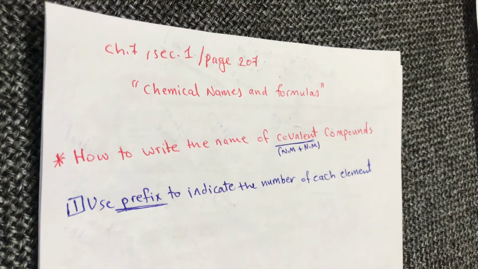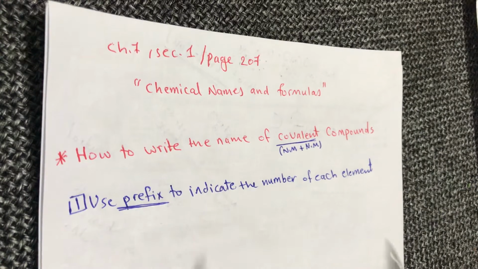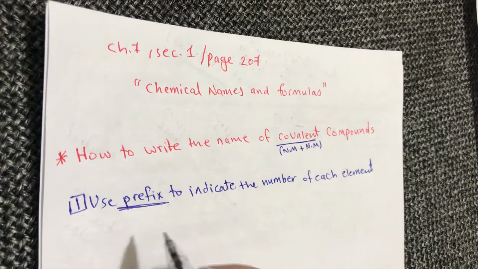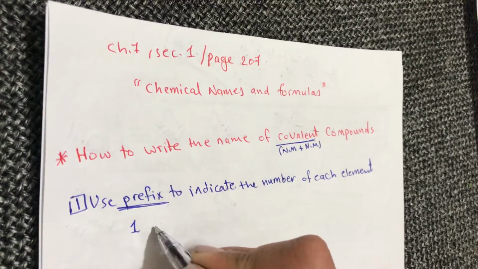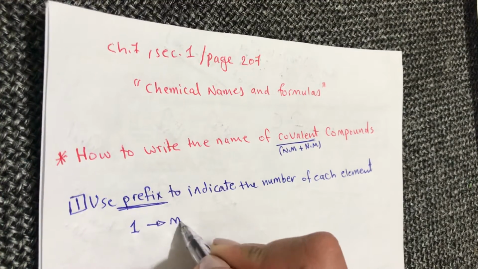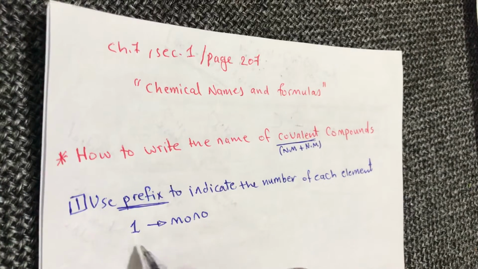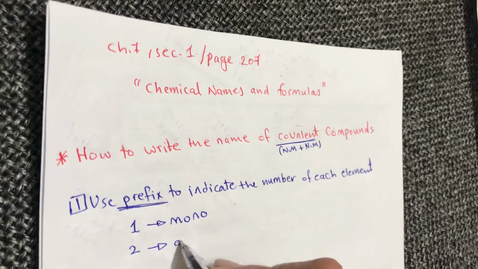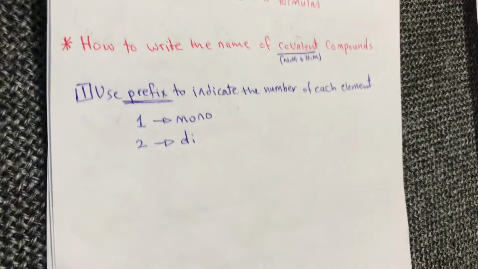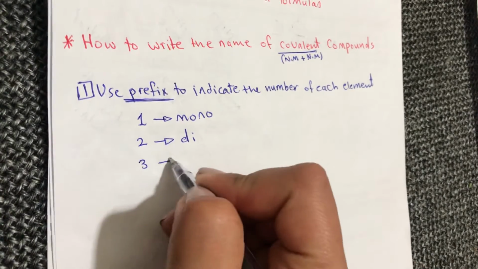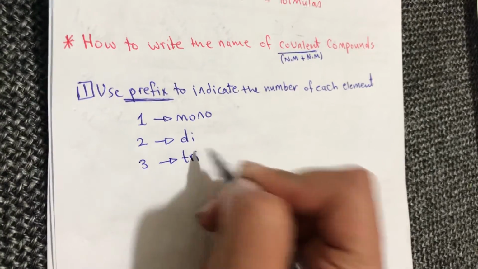So for example, to indicate number 1, you have to use the prefix mono. For 2, di. For 3, tri.